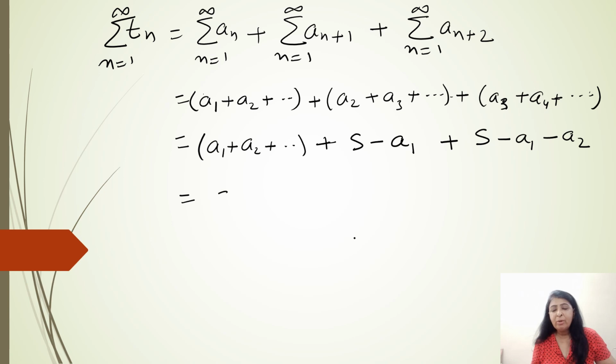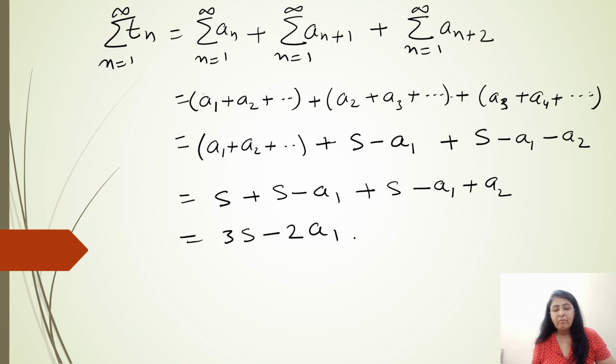So this is equal to S plus S minus a1 plus S minus a1 minus a2, which is equal to 3S minus 2a1 minus a2. So this is the answer and this is the fourth option. So option D is correct, right?